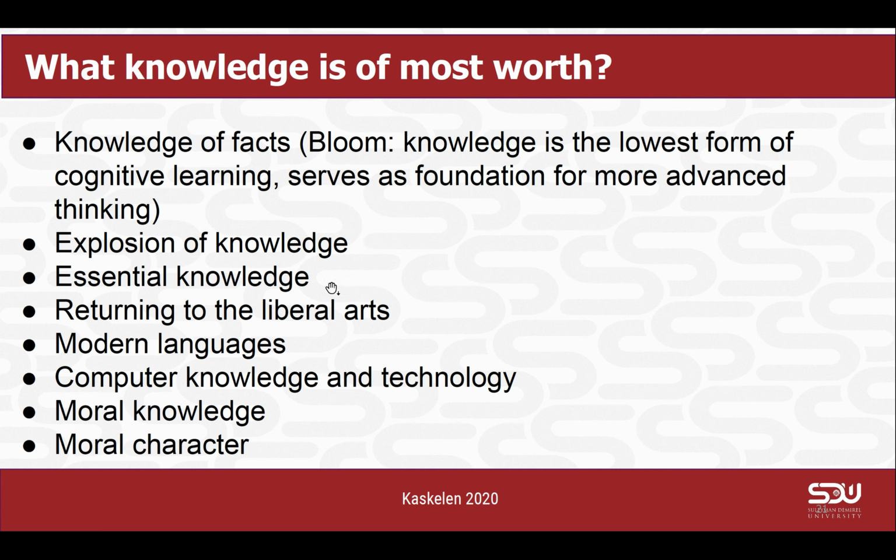Okay. Next, there is essential knowledge in several disciplines which we need irrespective of whatever is happening in the world, because it serves as a foundation for learning further, right? We have to make sure that our students have that essential knowledge in our curriculum.